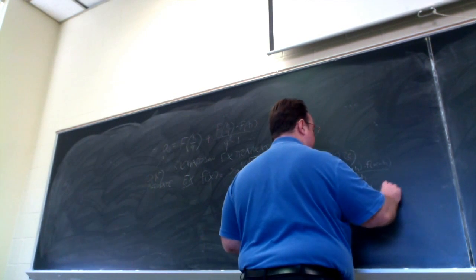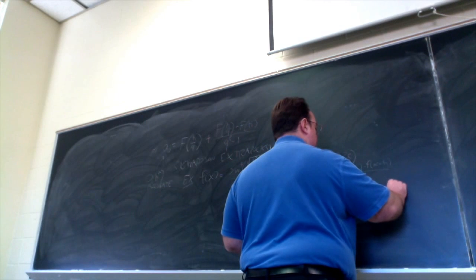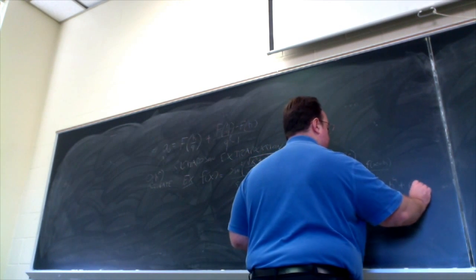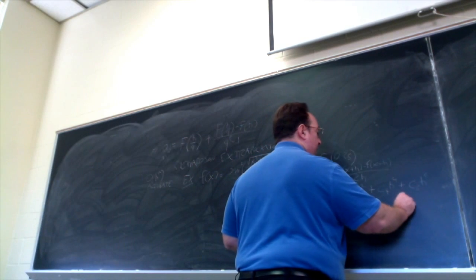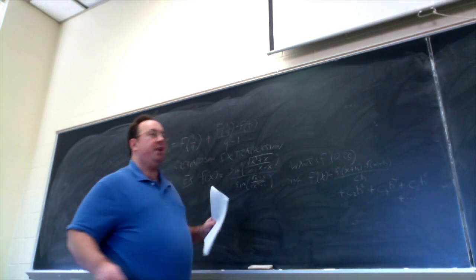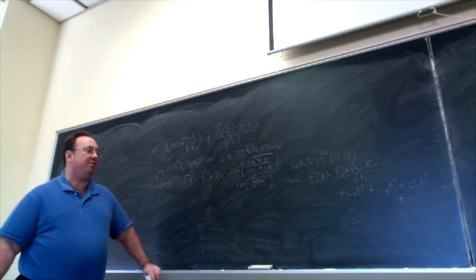So the next error terms would be even powers of h. I don't know these constants, C2, C4, C6. I just know from Taylor expansion that that's what the error looks like.